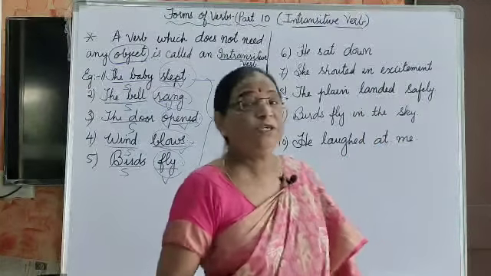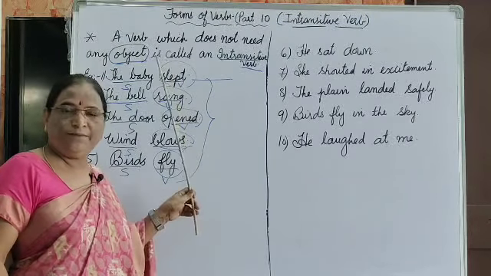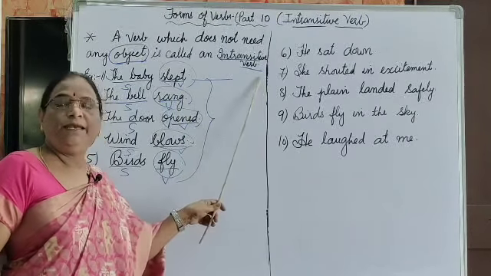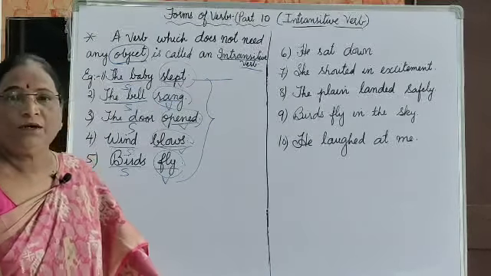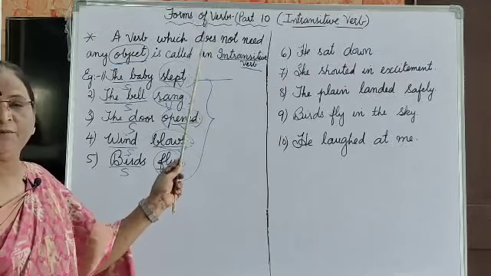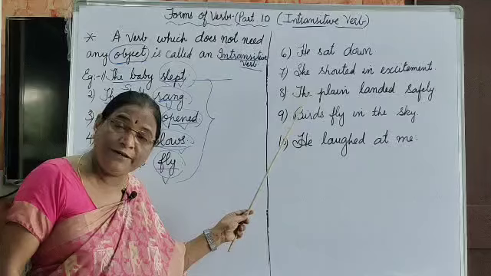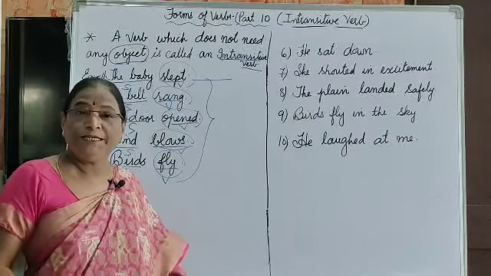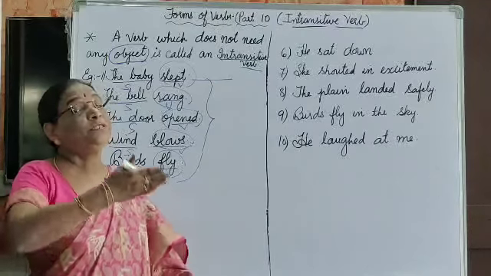Now let us see if you have anything after this subject, after this verb. Sometimes if we have any other words after this verb, they are not the objects. Actually, I am talking about intransitive verb. Intransitive verb does not have any object. It may be adverb, it may be adjective, or it may be prepositional phrase.